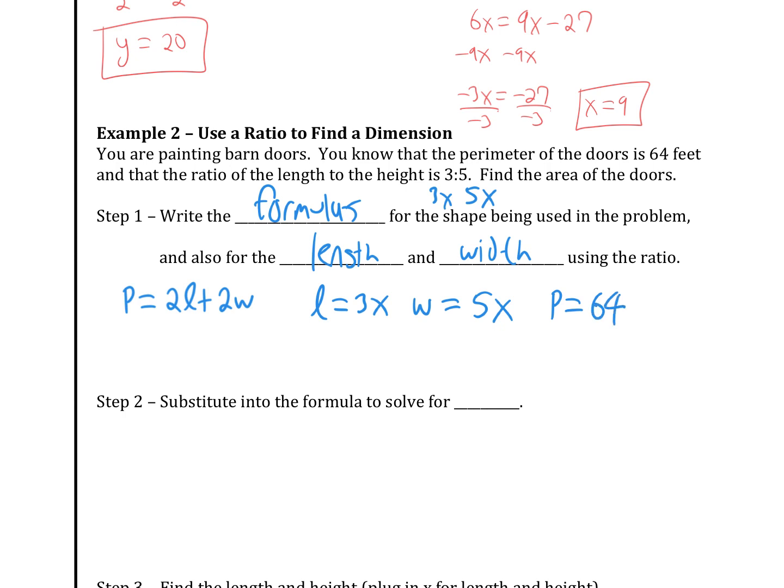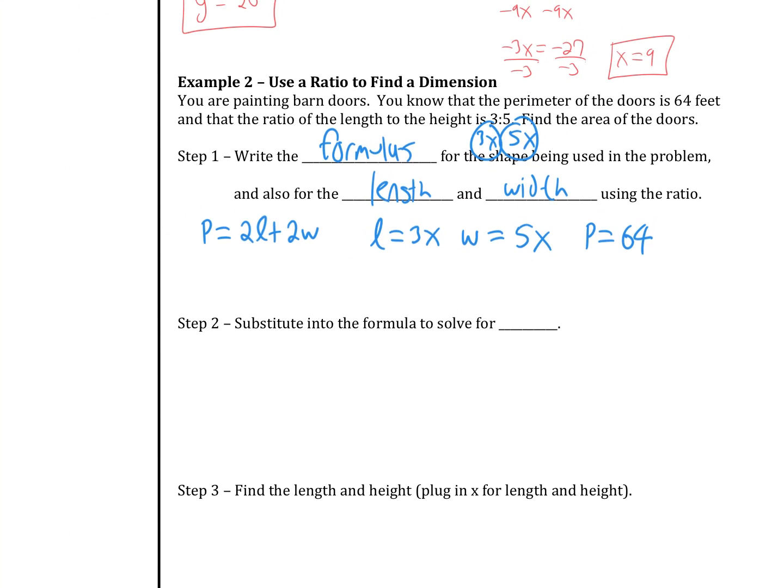It's kind of weird, but for these kinds of ratios, if you put x in them, it gives us a nice way to solve by using a common variable. It's going to make it easier to compare here, okay? Next thing we're going to do, step 2, is substitute into the formula and solve for x.